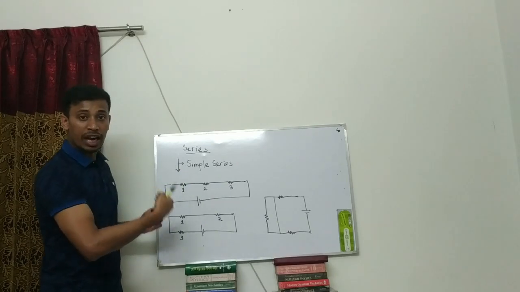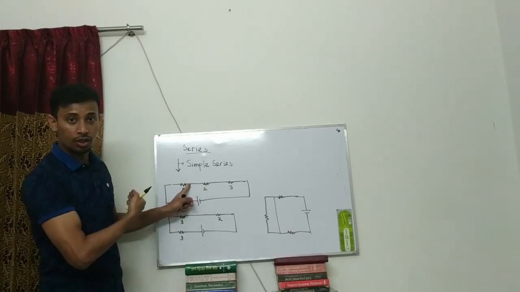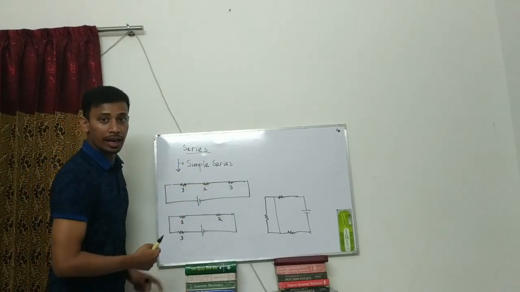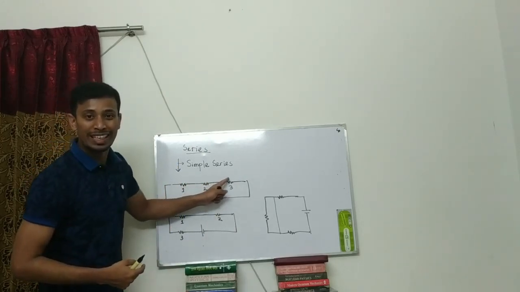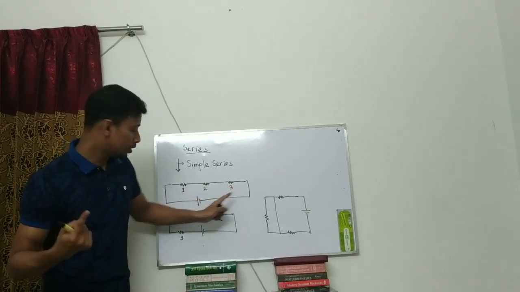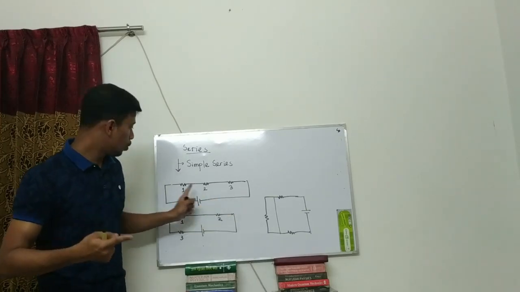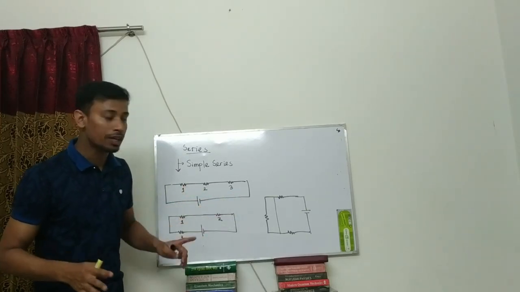So the starting point of each is connected with the end point of the previous. One by one they are connected, so they are in a single line. One line, thousands of resistors, doesn't matter.